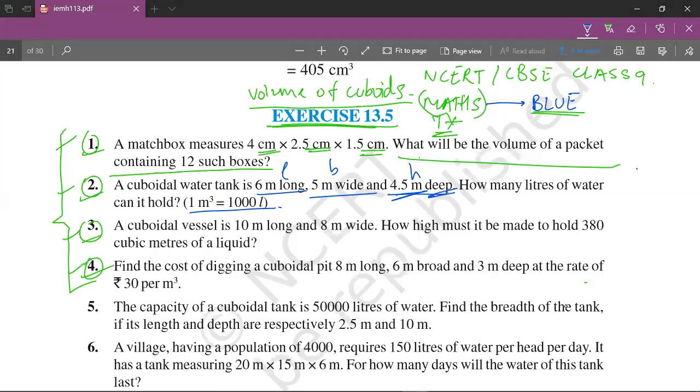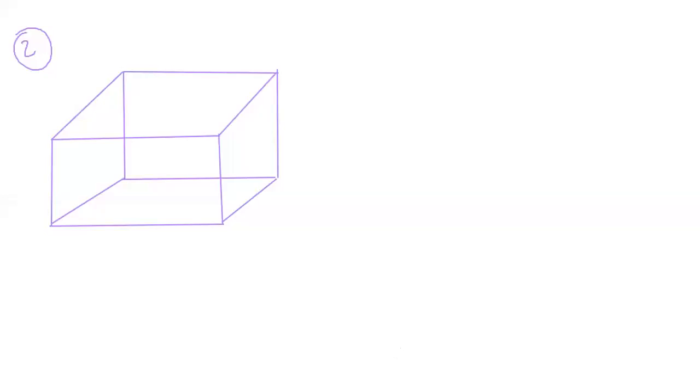That is the most important part of the question, and I'll note down the question number. Once we have drawn our cuboid, this is the length, this is the breadth, and this is the height. So this value will be 6 meters, breadth will be 5 meters, and our height will be 4.5 meters.